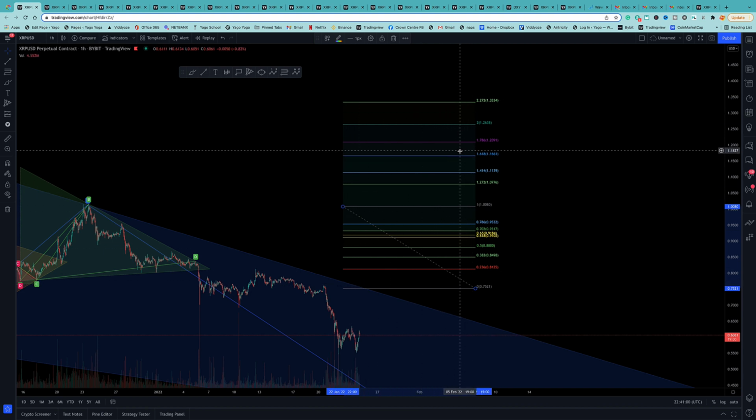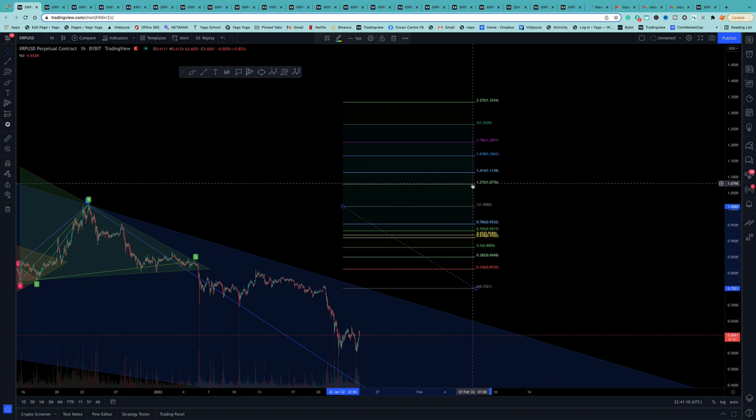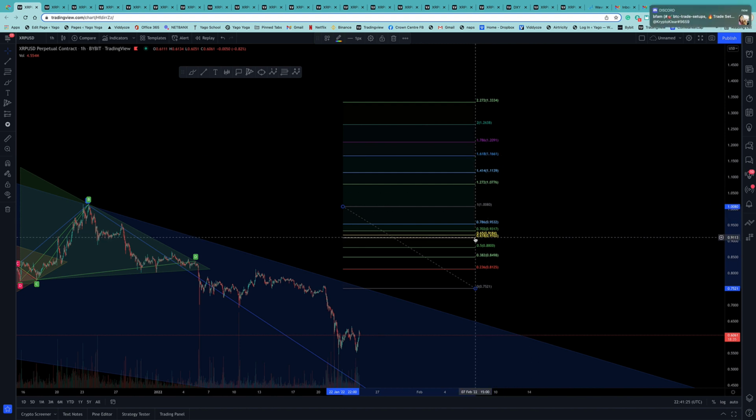So when you're mapping out, you compare the pump to the correction, and you're looking at the 618 as the average. Again, sometimes it can be shorter, it can be down at the 272 or the 414, or if you've got lots of pump in it, it's the 272. But you always look to the average when you're trading, and the average is 618. Okay, and then down here is also the golden pocket.